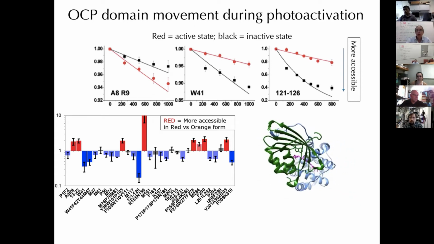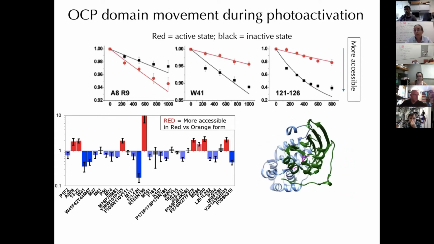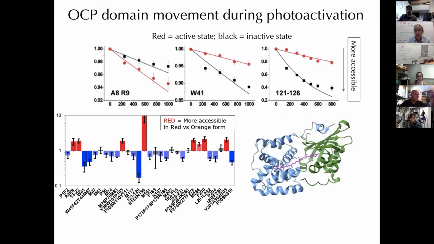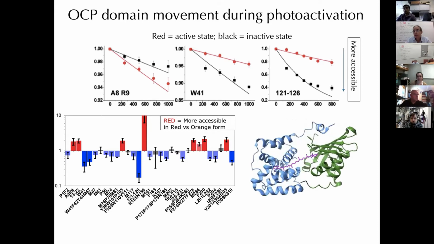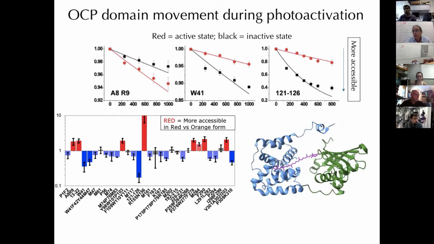And so we plotted out that pattern of protections, and we were able to see that the pattern showed us that there was a lot more solvent accessibility in the activated state along the domain interface. So we were able to infer that the domains come apart as a function of photoactivation.